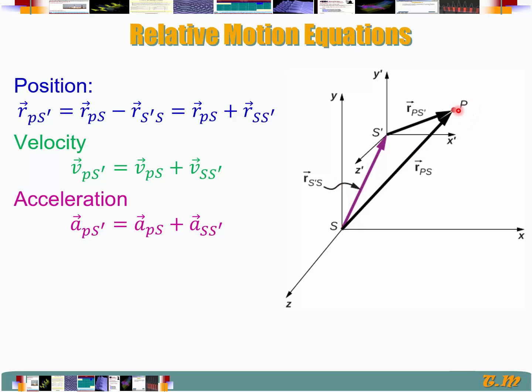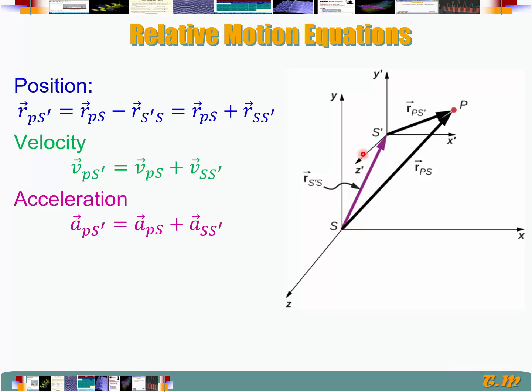Any point in space can be given a position relative to S or relative to S prime. Relative to S, it's going to be this vector here, RPS. Relative to S prime, it's going to be this vector here. Now, the relationship between these vectors, if you examine them carefully, is a graphical vector addition relationship.